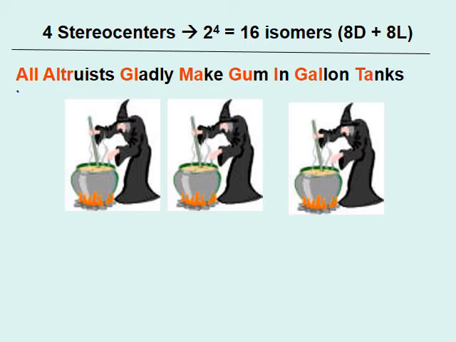All for allose, then altrose, then glucose, then mannose, then gulose, idose, galactose, and talose. I wrote that part of the sugar names that I need to know in red. Just follow those red letters.